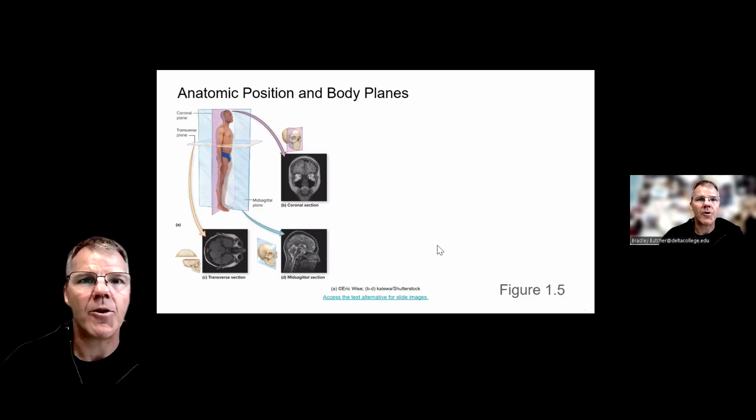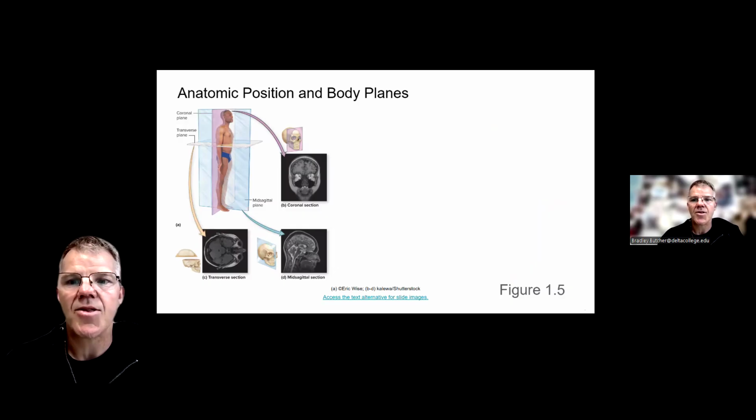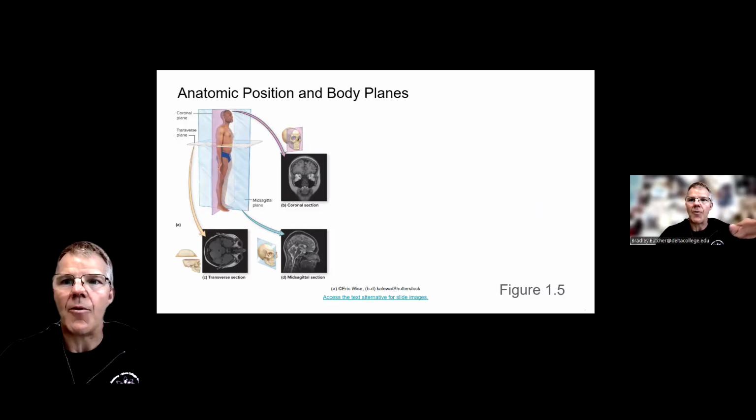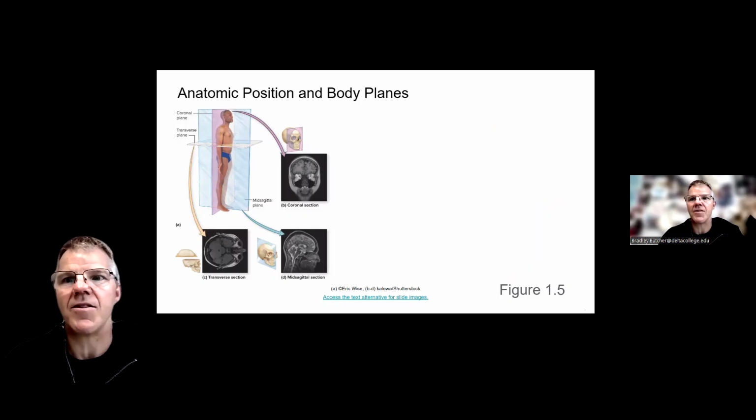So, anatomical position and the body planes. We can divide the body into three planes that will bisect the body in three dimensions. The first one is the coronal plane, sometimes called the frontal plane.